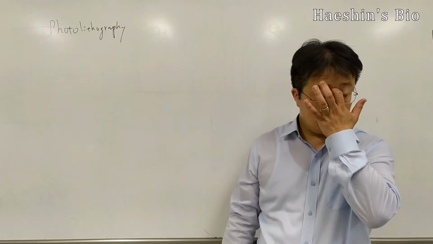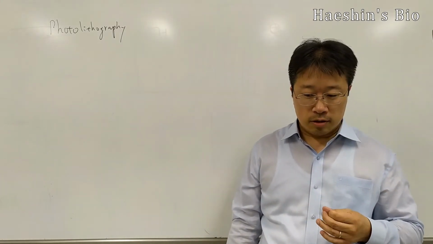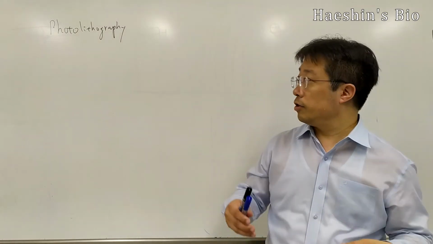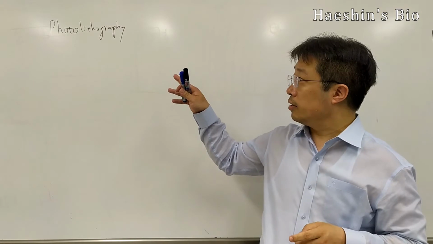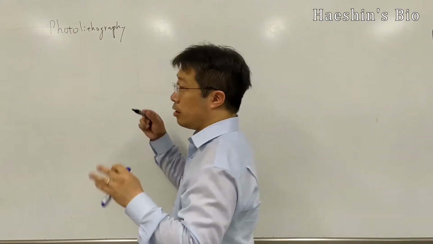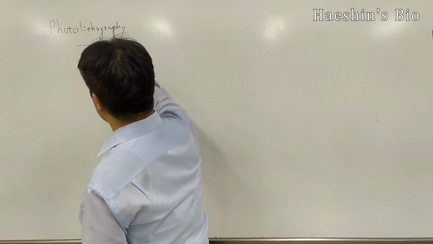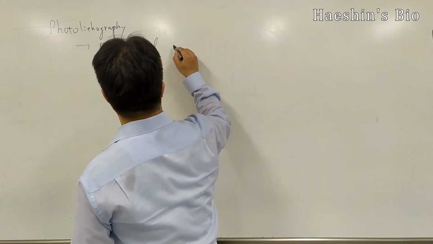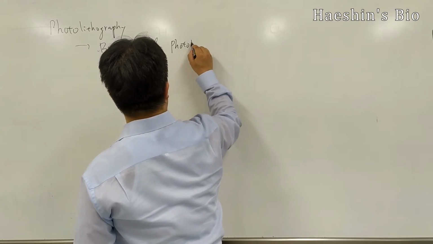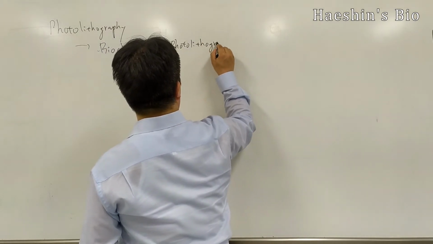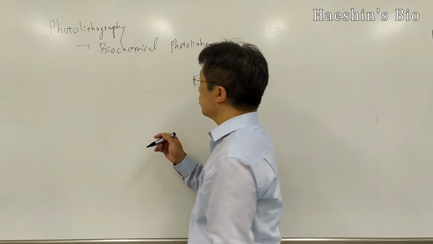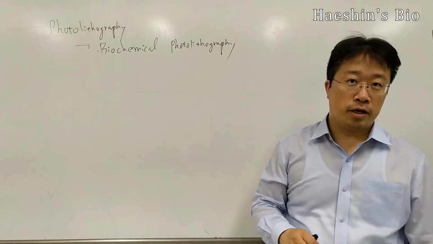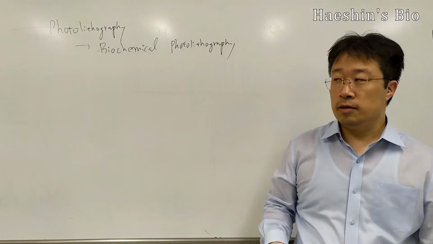So this class is actually a chemical biology class. So we have some boundary for explaining photolithography, about some biochemical photolithography, such as the example that I gave you in the last class.